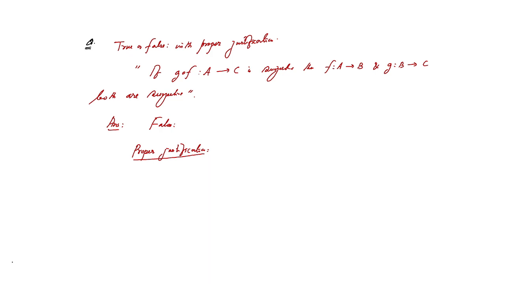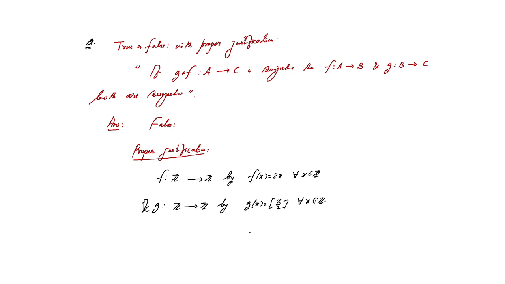As an example, take a function f from Z to Z by f of x equals 2x for all x belonging to Z, and take another function g, also from Z to Z, by g of x equals floor of x by 2 for all x belonging to Z. Here the box function is the greatest integer function, the greatest integer less than or equal to x.